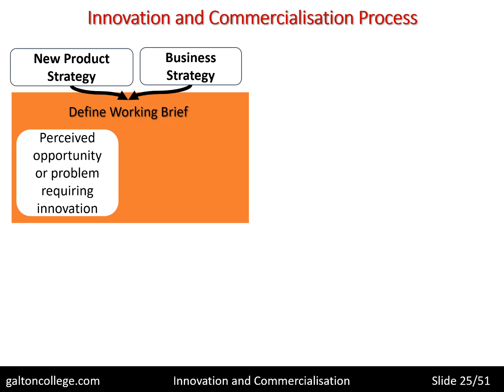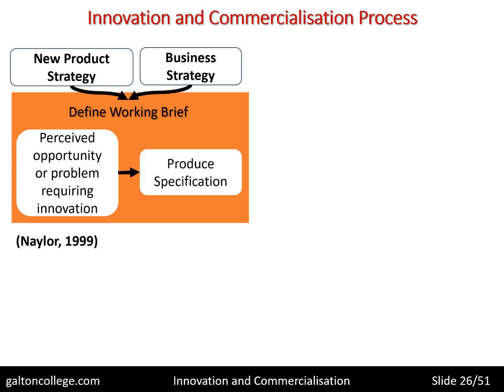These are the entrepreneurs, people who are alert to profit opportunities. They can see something that the rest of us can't see. So this working brief will involve the more entrepreneurial parts of the workforce who will make contributions, make suggestions.